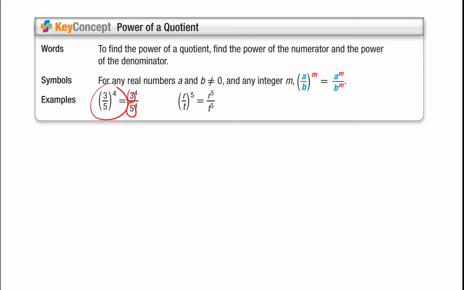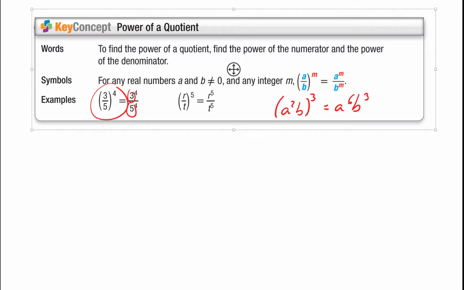So the exponent distributes to the top and the bottom of a fraction, just like it distributes across multiplication, such as a squared b all to the third power is a to the sixth b to the third. Oh, notice there, remember our power to a power property. If a power gets taken to a power, you multiply it.